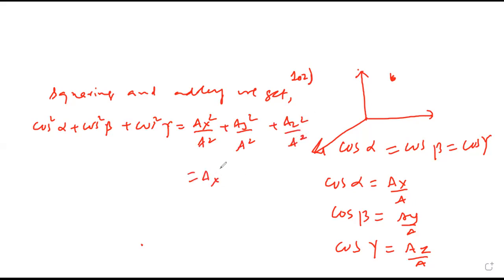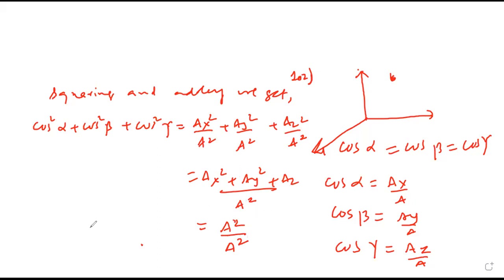So can I say Ax square plus Ay square plus Az square upon A square? What is that? Square root of Ax square plus Ay square plus Az square is nothing but the magnitude, so the numerator is A square.